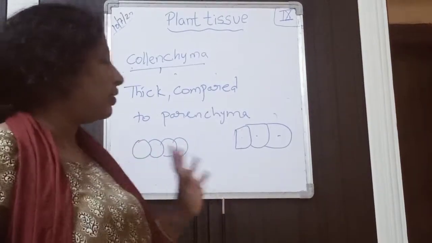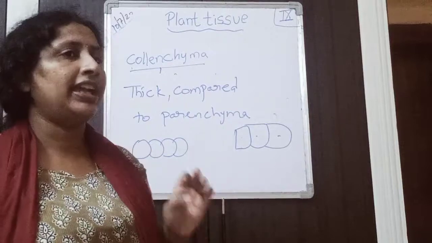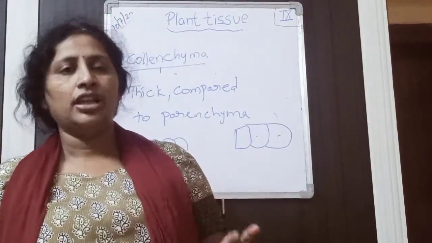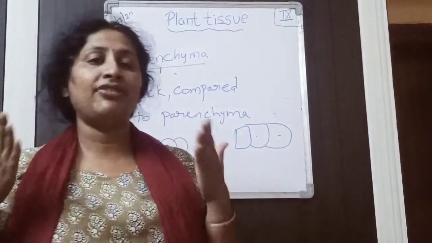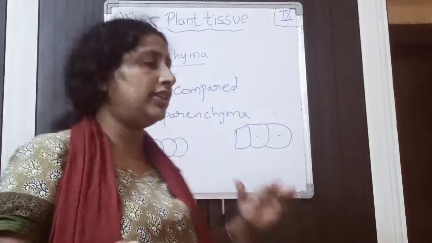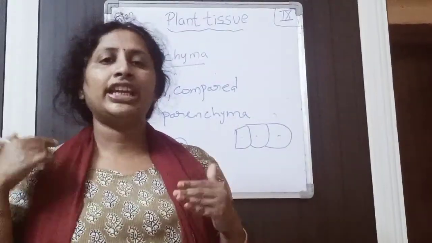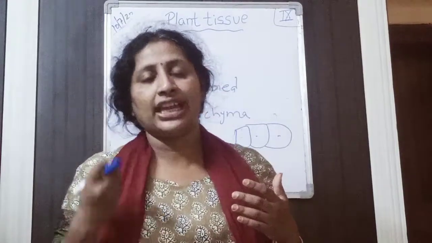Okay. So, the main function of collenchyma is giving mechanical support and flexibility. So, during strong winds and heavy rainfall, the plant can withstand that pressure due to the presence of collenchyma tissue in it. We can mostly observe it near the stalk of the leaves and flowers.